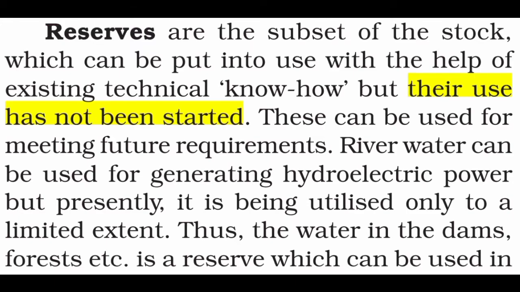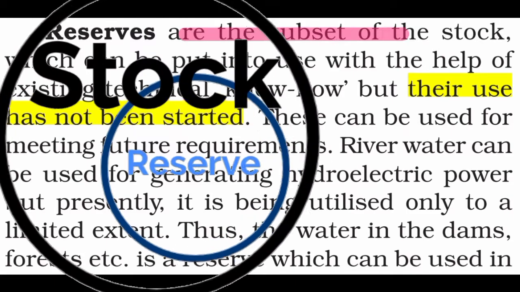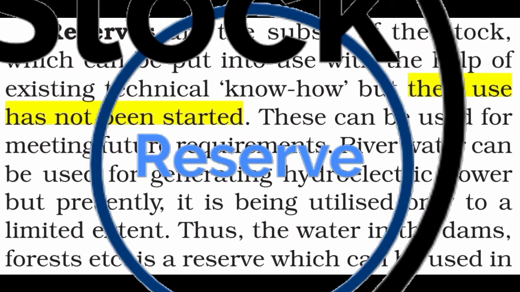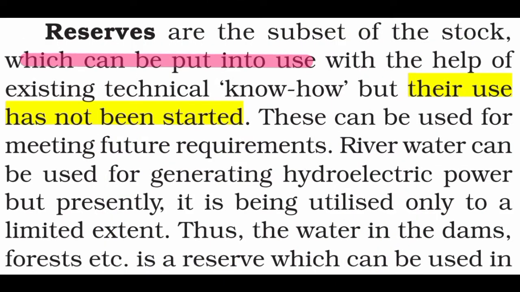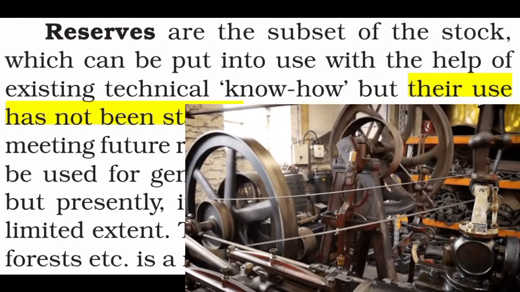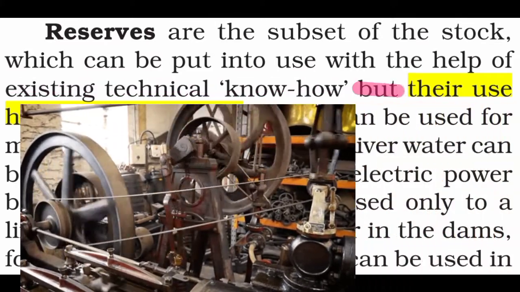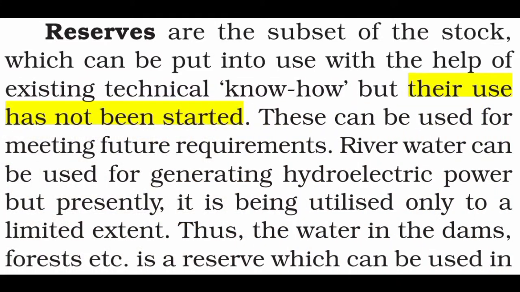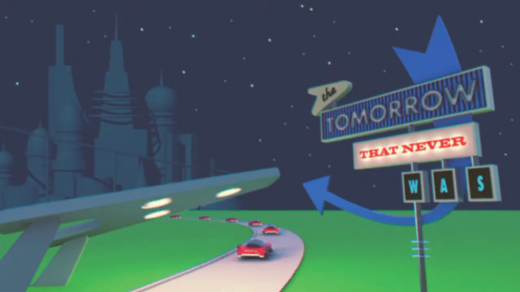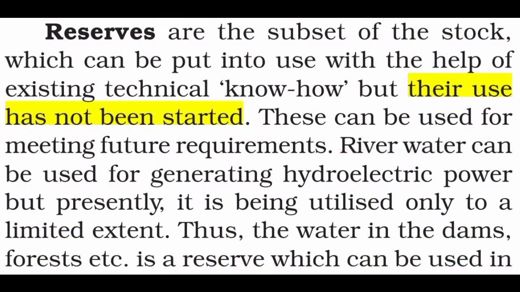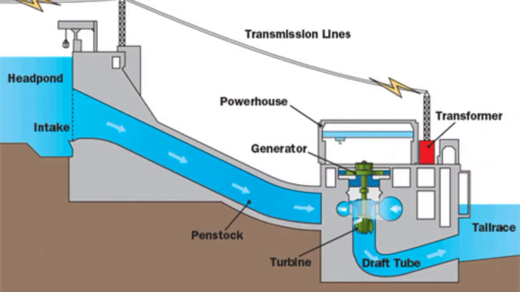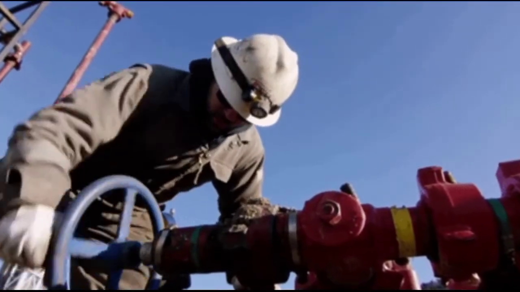Reserves. Reserves are the subset of the stock, which can be put into use with the help of existing technical know-how, but their use has not been started. These can be used for meeting future requirements. River water can be used for generating hydroelectric power, but presently it is being utilized only to a limited extent.